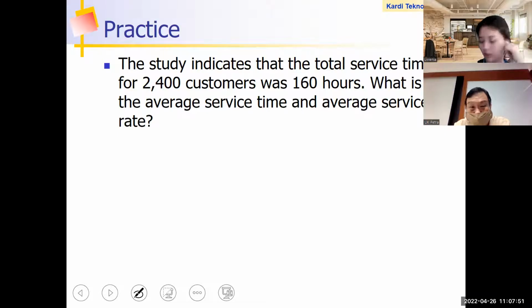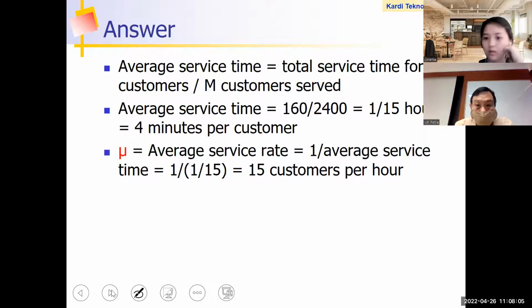Oh, in minutes. So if in minutes, we convert it to hours. Service rate is the customers per hour. That is the easiest part. So 4 minutes, correct. The service time is 4 minutes per customer.